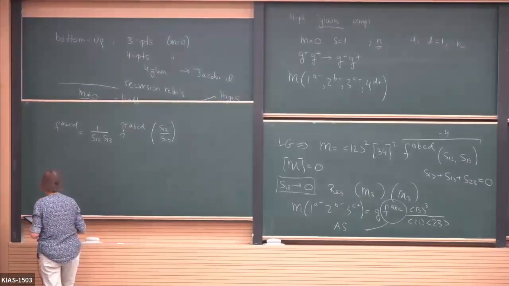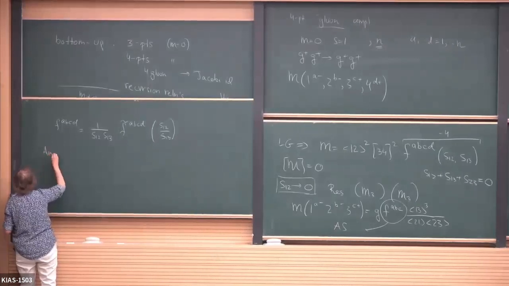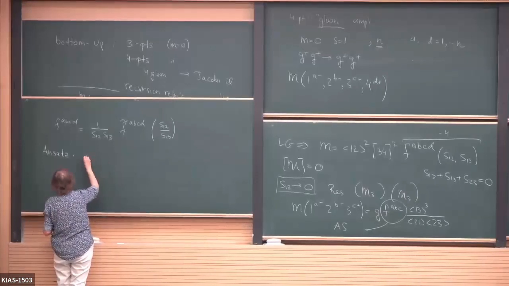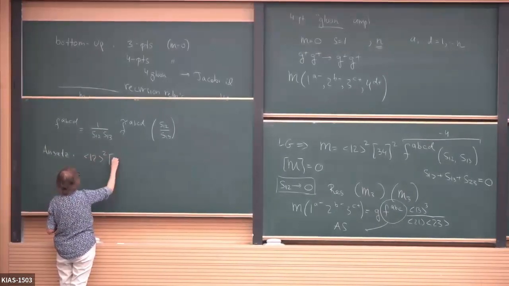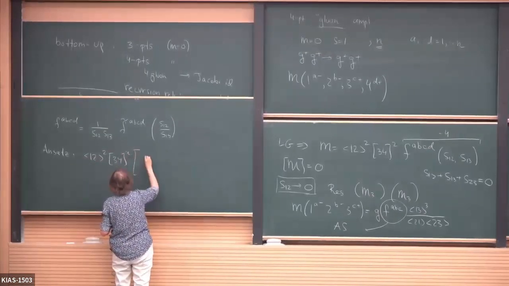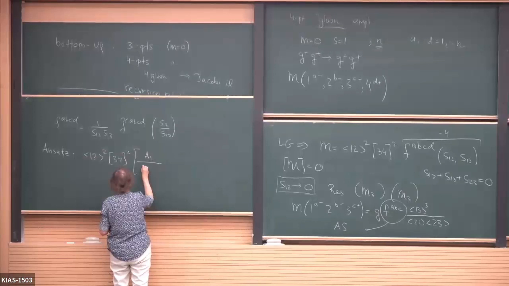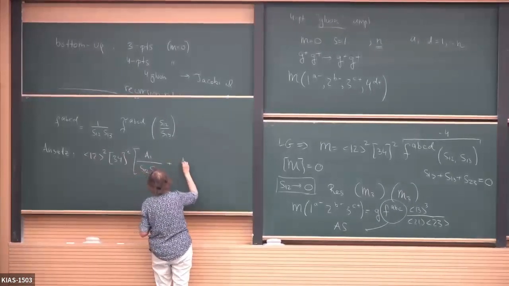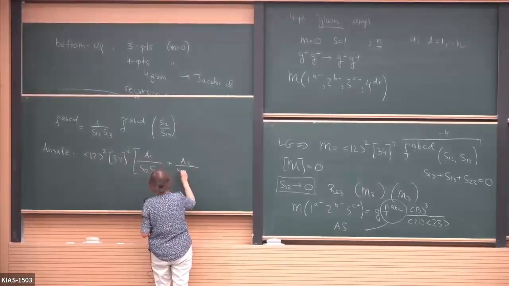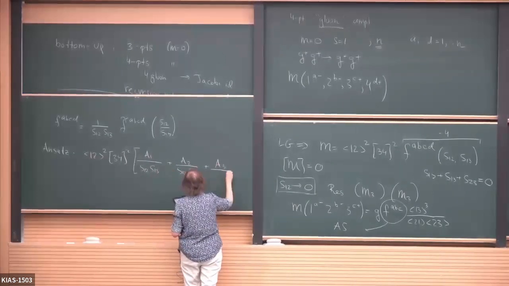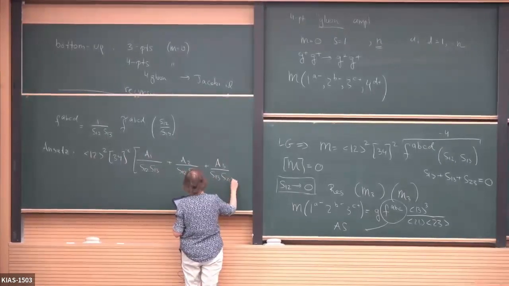So using this, we can now write a general ansatz for the amplitude. And this ansatz is the following. We can have this, and then there's some A1 divided by S12 S13, plus A2 divided by S12 S23, plus A3 divided by S13 S23.